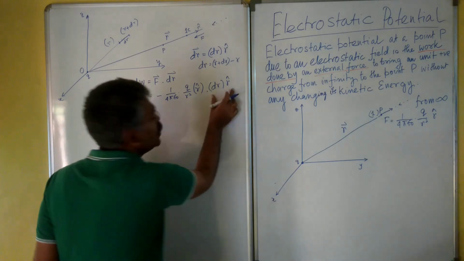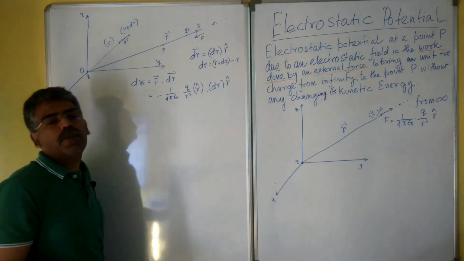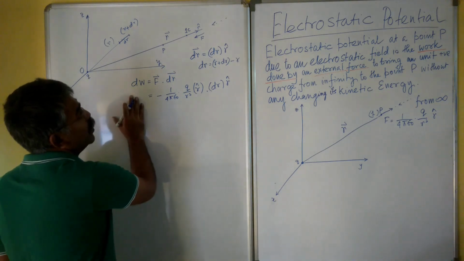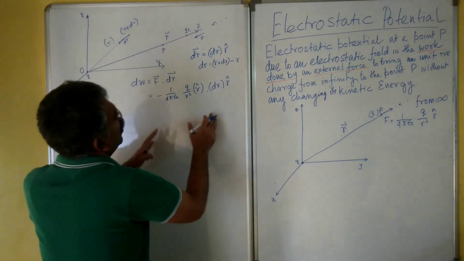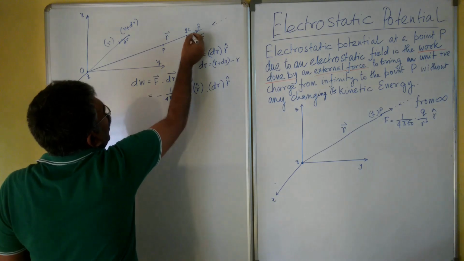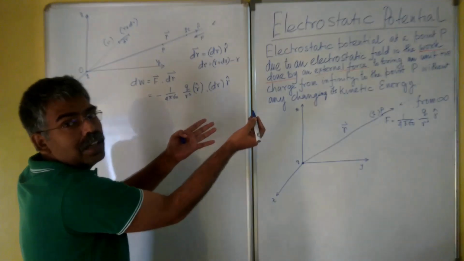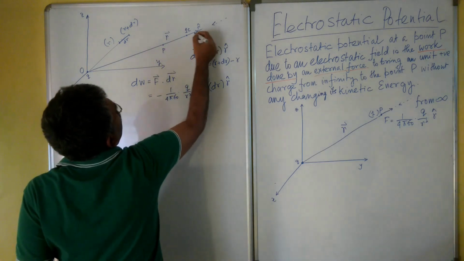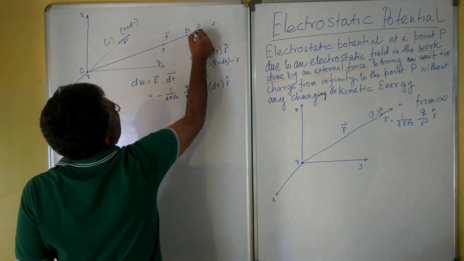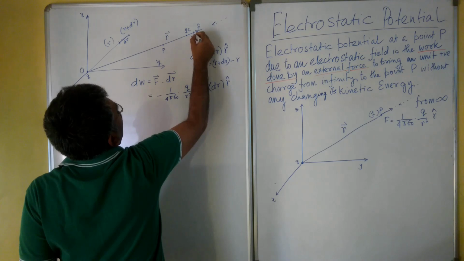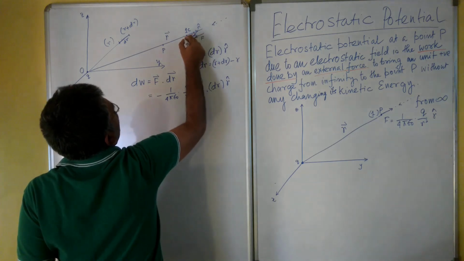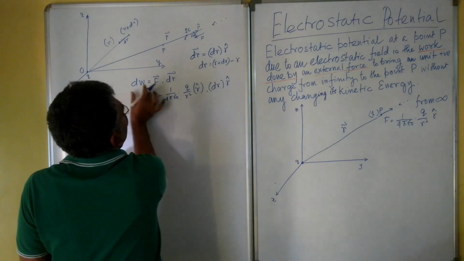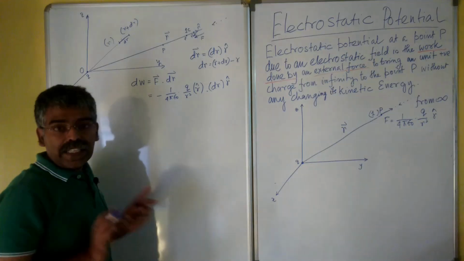This is by definition positive, by the definition of calculus. You can't change it. So this is the work done by the external force to bring the charge from r plus dr to r.